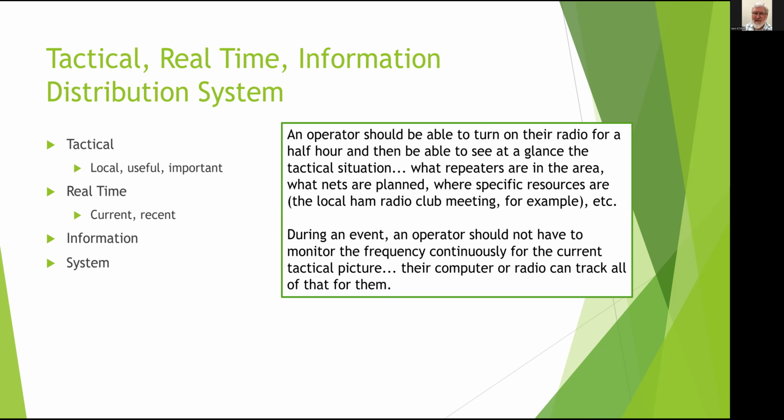So, tactical. The idea is this should have local information that is useful and important to you where you happen to be right now, okay? It's real time. That information is current. It's not like 6 months old. Like if you go on a website that says where all of the Airden nodes are, Paul, yeah, that's where they were 2 years ago.